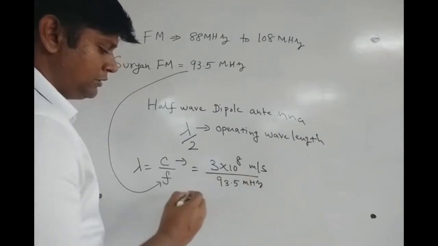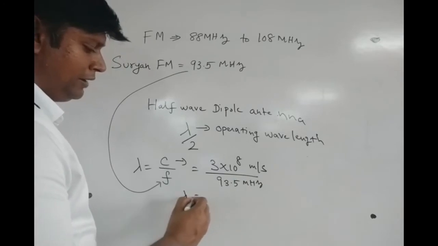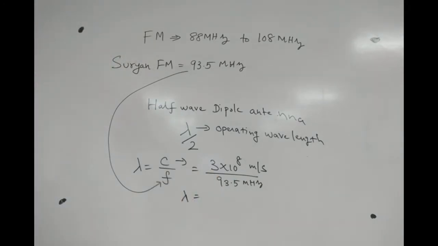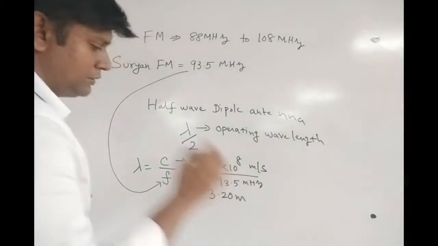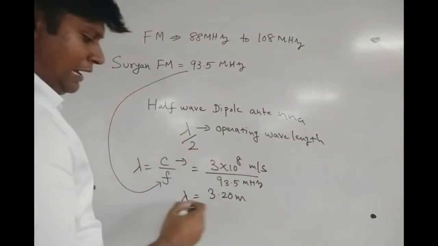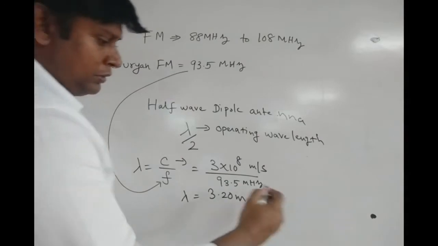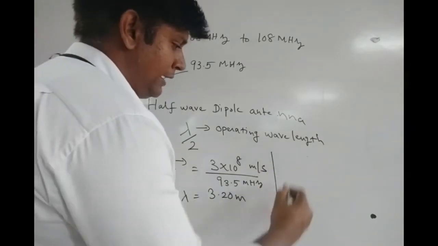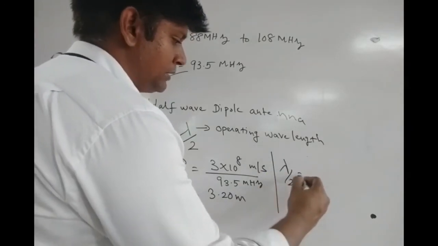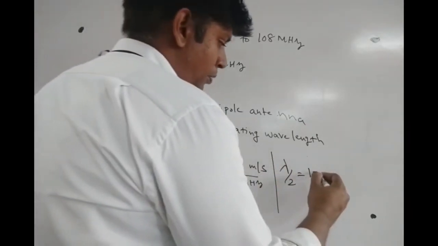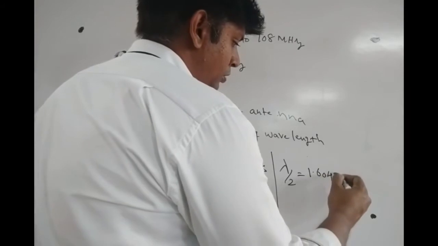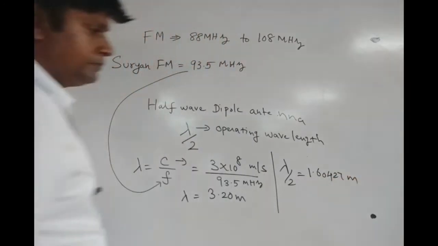If you solve this, you get the lambda value as 3.20 meters. And if you calculate lambda by 2, lambda by 2 is equal to 1.60427 meters.